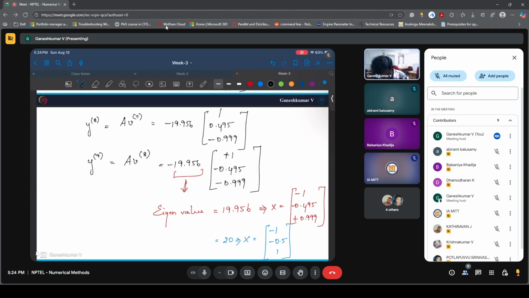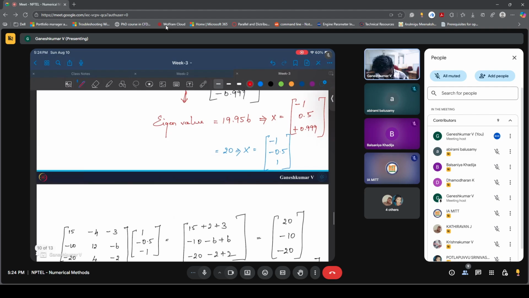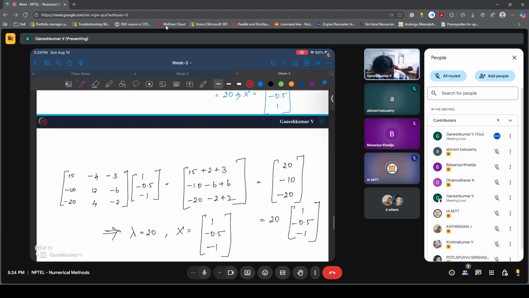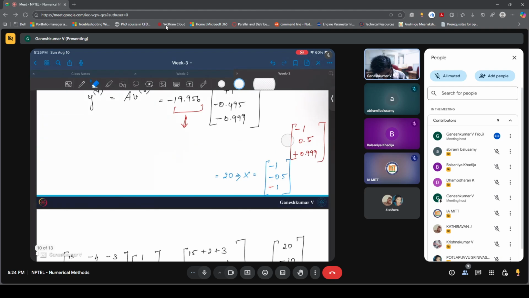I think these are also minus. Eigenvalue is 20.